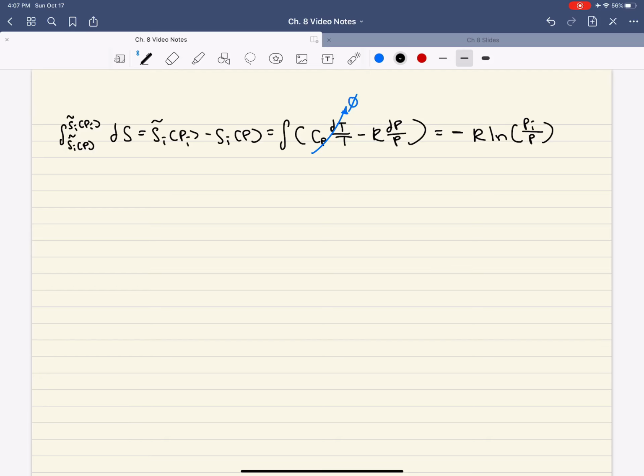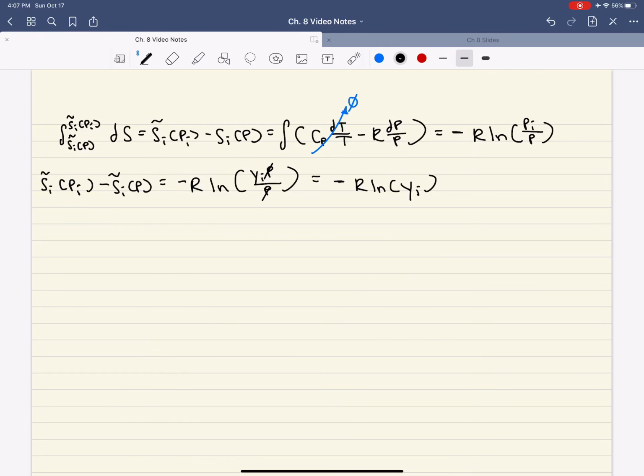We know that partial pressures can be written in terms of the mole fraction. These cancel, and what we're left with is just negative R ln yi.